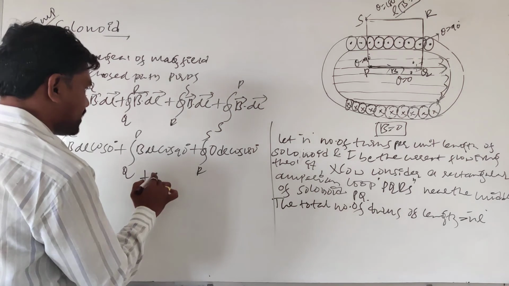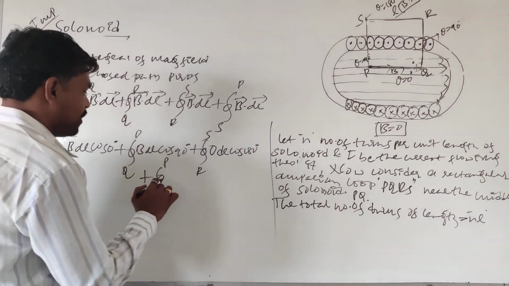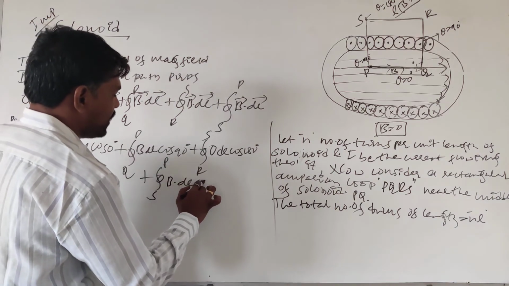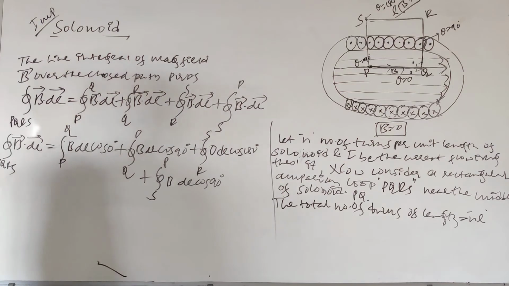So once again plus S to P, B dl cos 90 degree, right?